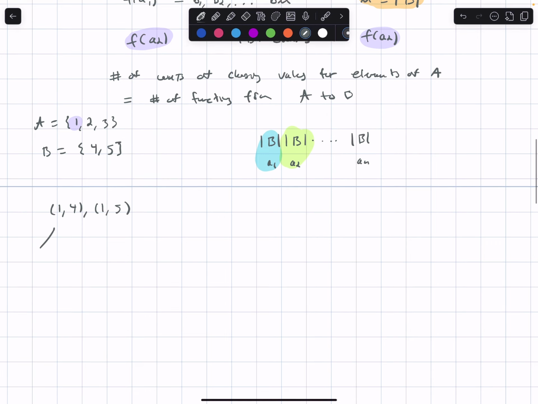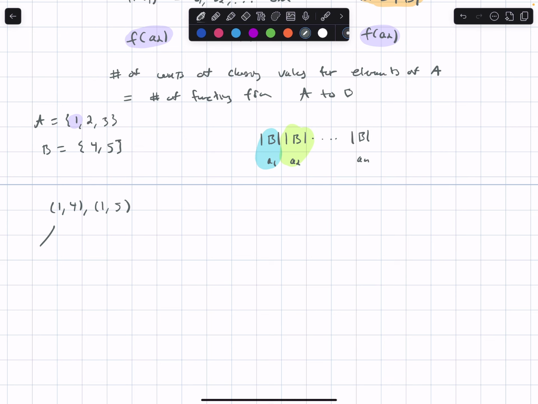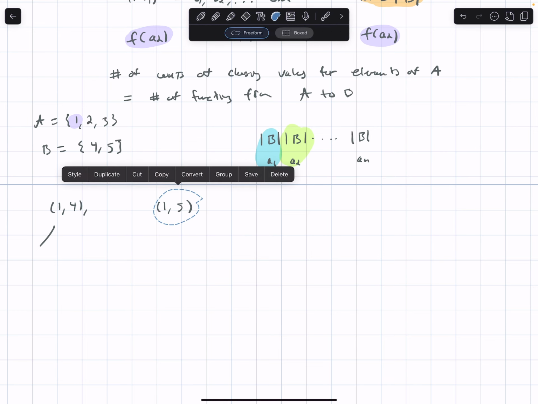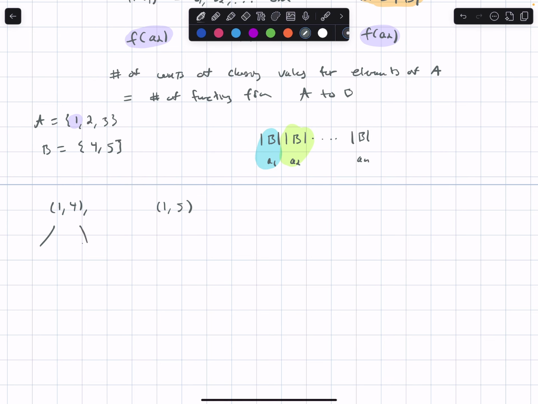And so these would be the beginning of two functions. And then for this function, which sends 1 to 4, now I'm thinking about 2. Where could I send 2 to? I could send 2 to 4, or I could send 2 to 5.